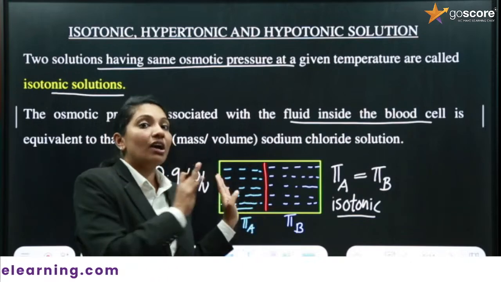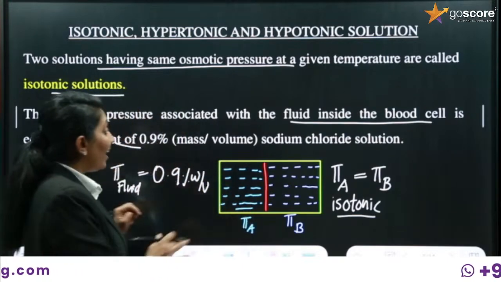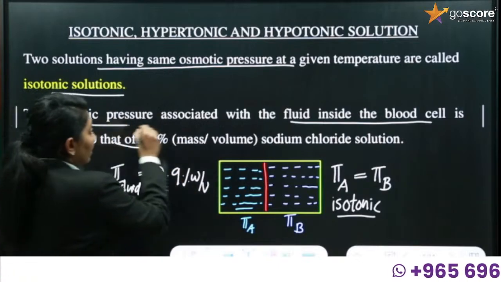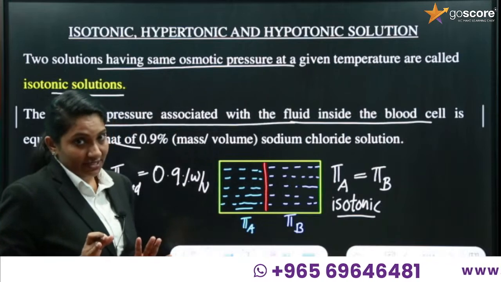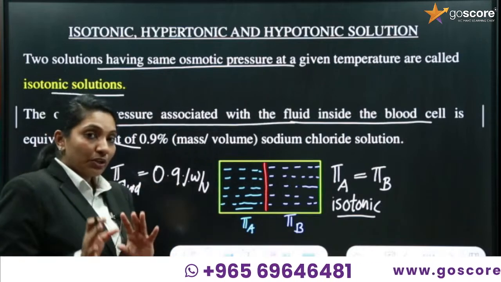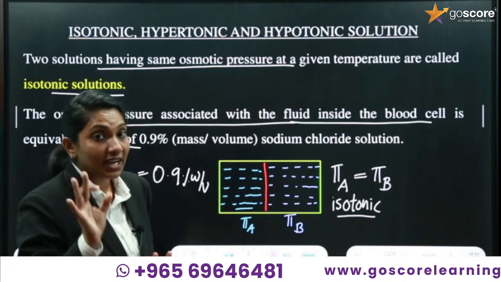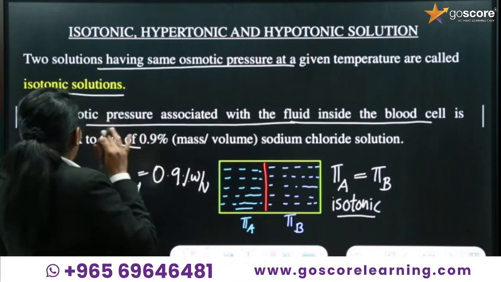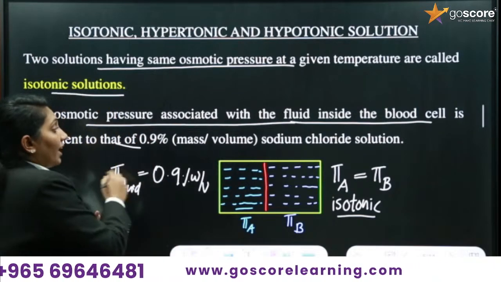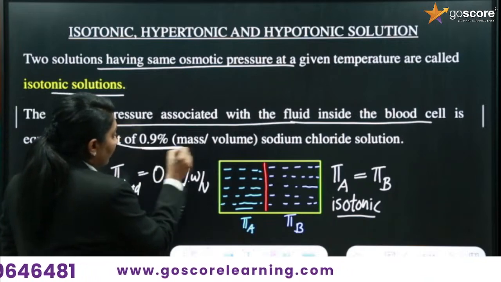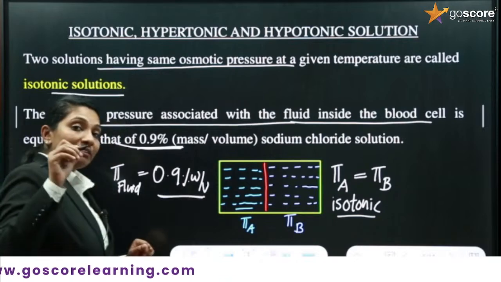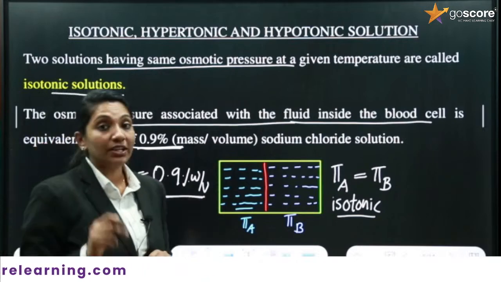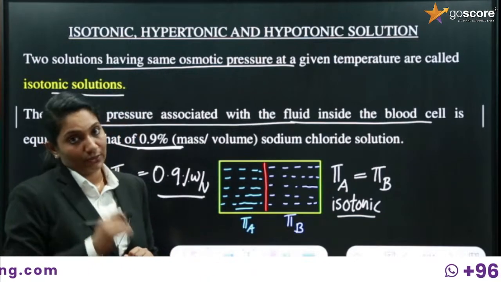The osmotic pressure of the fluid inside the blood cell is equal to that of a 0.9 percent weight by volume sodium chloride solution. Keep in mind the concentration.